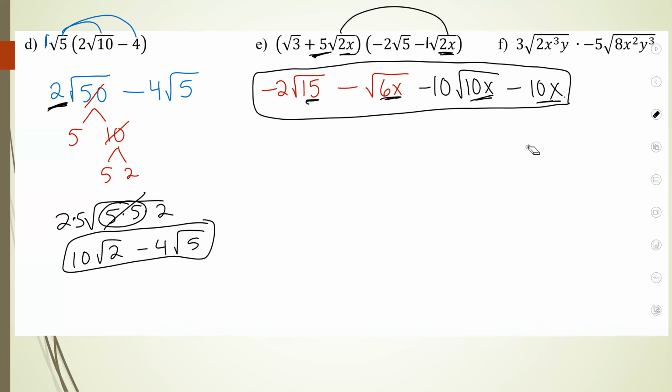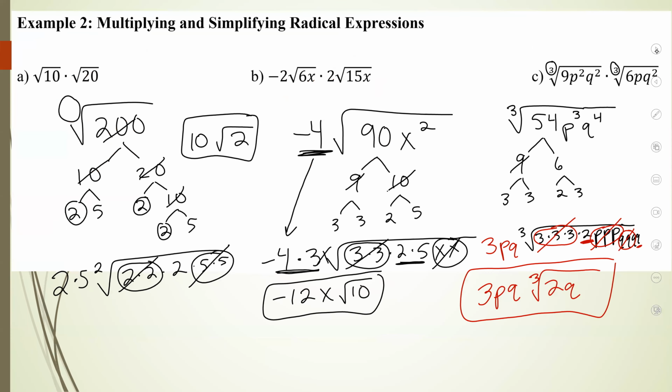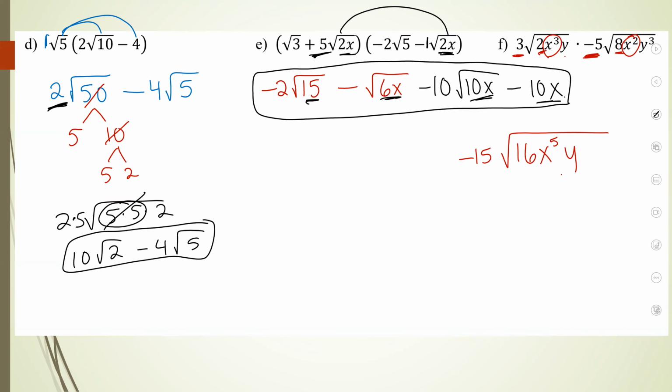Okay, letter F. I'm going to do it down here. 3 times -5 is -15. And then 2 times 8 is 16. X cubed times x squared is x to the 5th. Y times y cubed is y to the 4th.